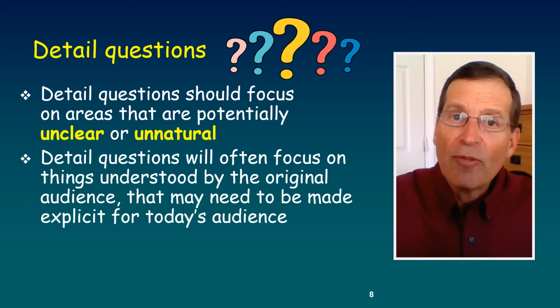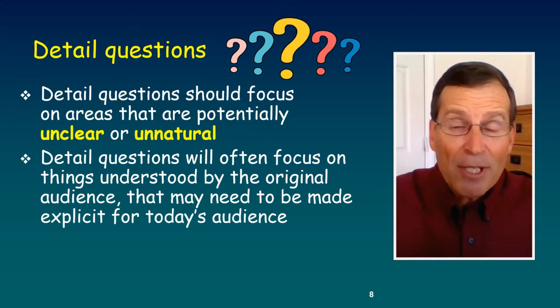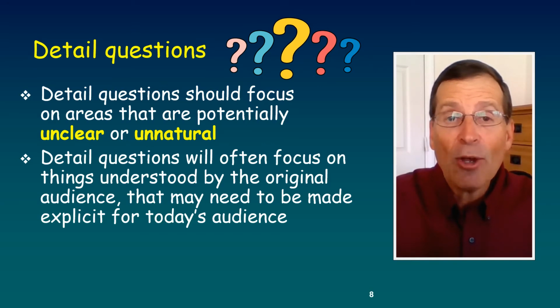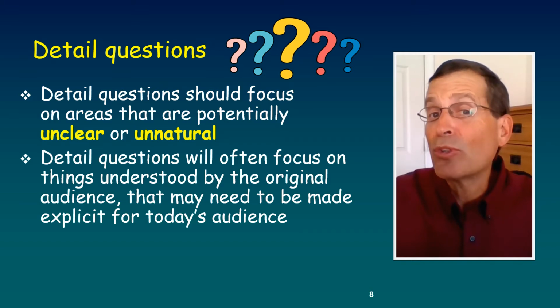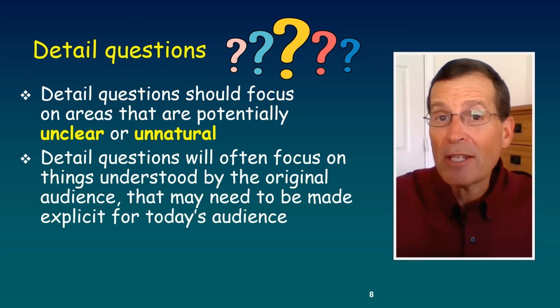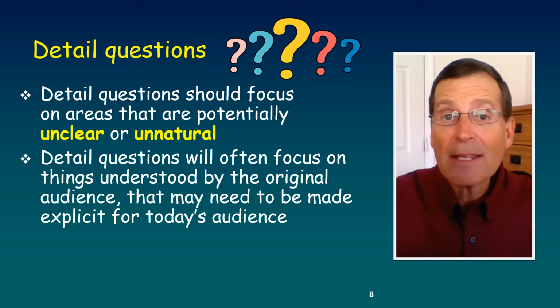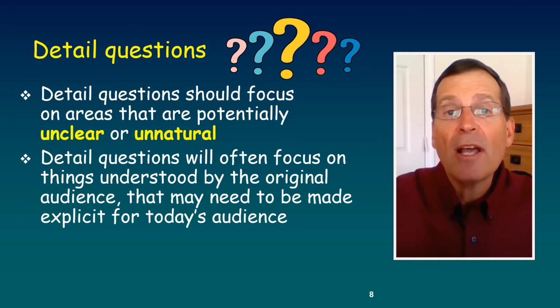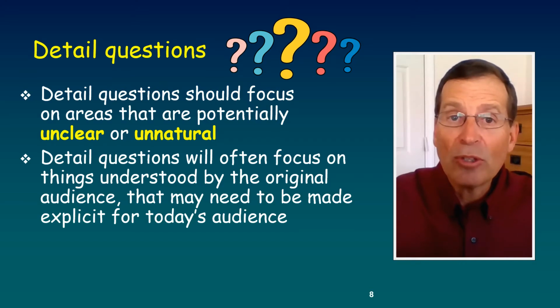So, for instance, making that relationship explicit in your text might help make that text more clear for your target audience. One translation says, a despised Samaritan comes along. And by adding that one word, that can make the whole point of Jesus' parable clear.